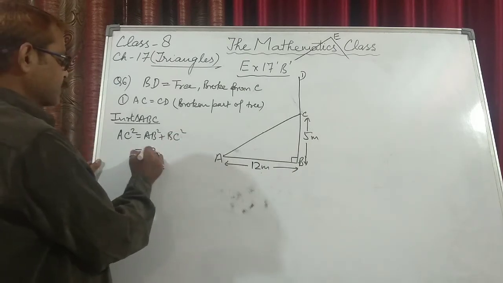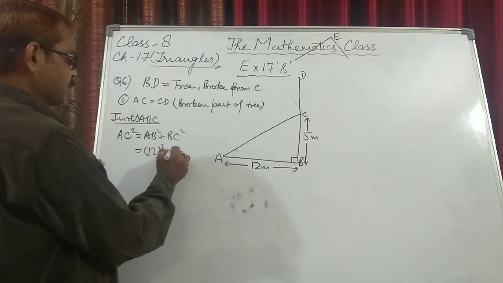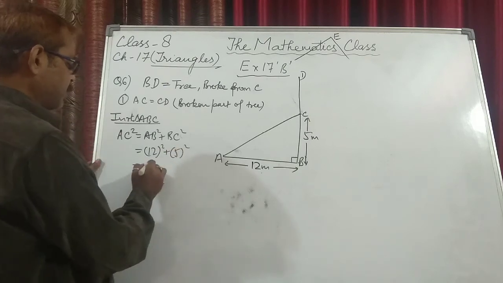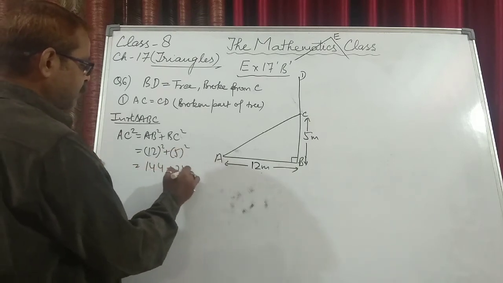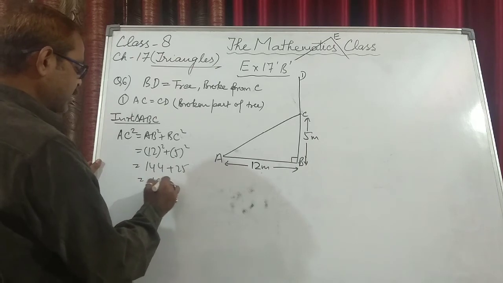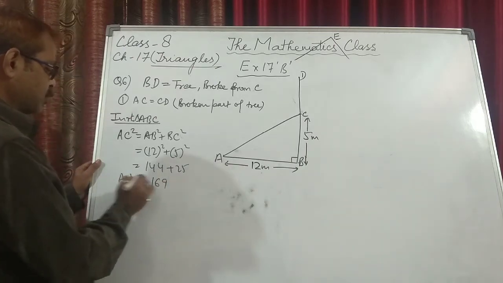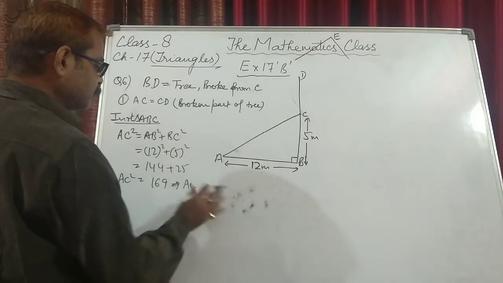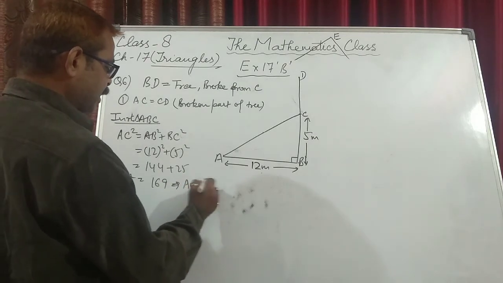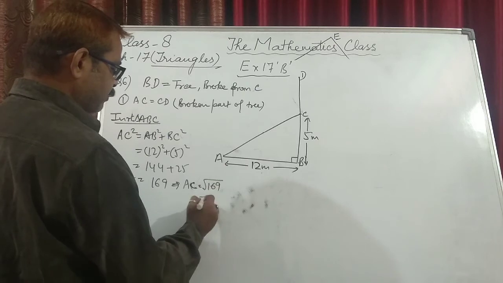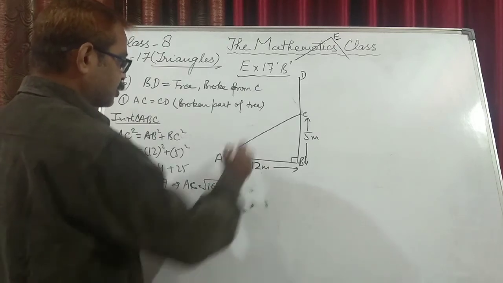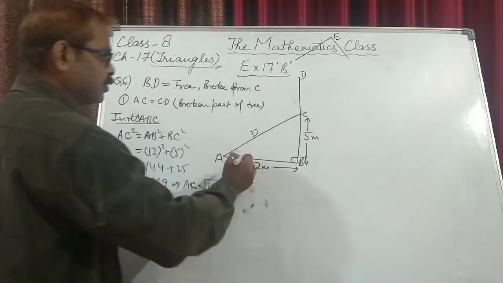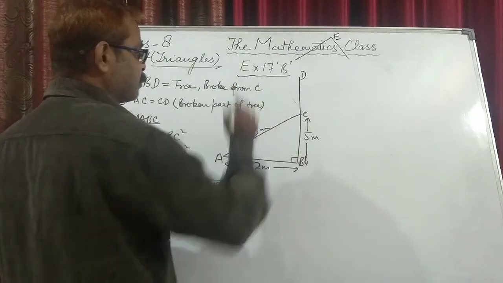AB is 12, so 12 square plus 5 square. 12 square is 144 plus 25, that is 169. AC square is equal to 169. So AC will be under root 169 and root of 169 is 13. So 13 meters is the length of the broken part.